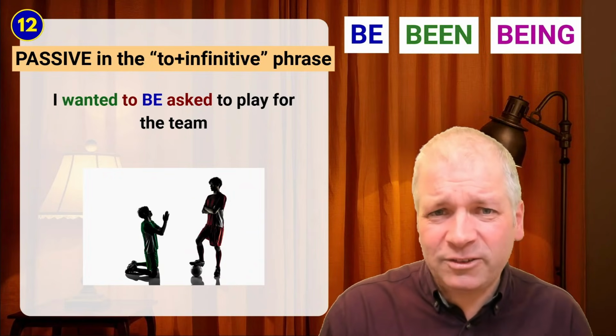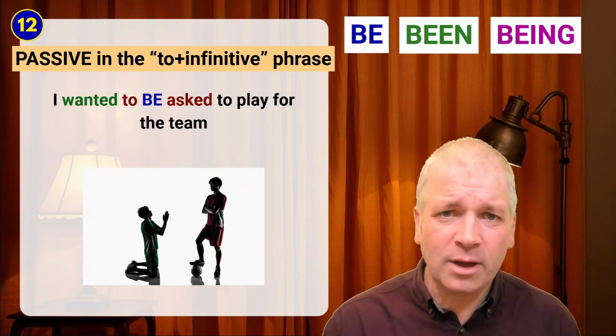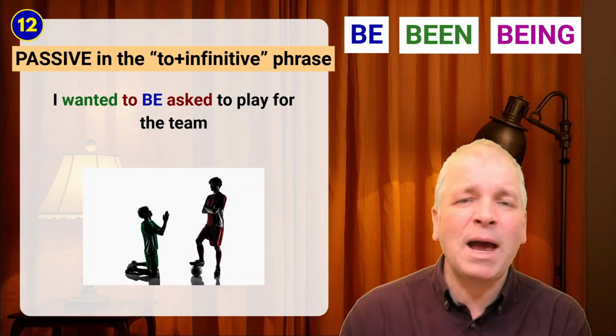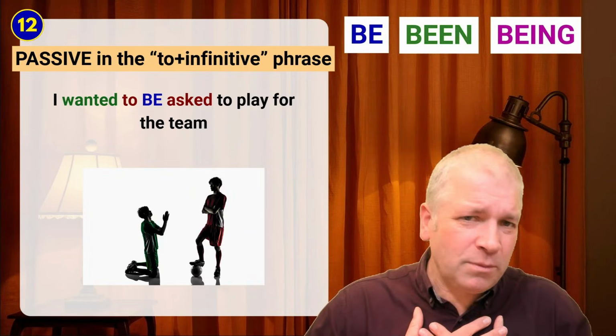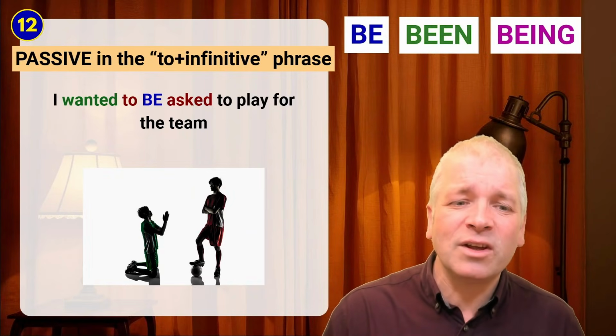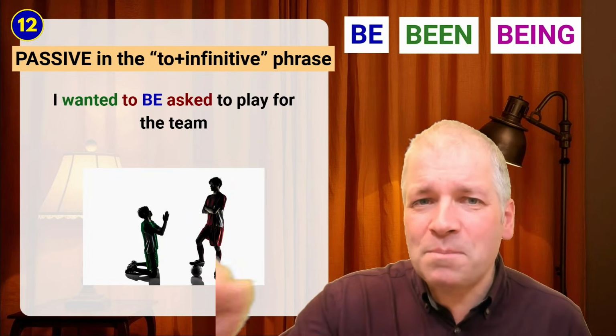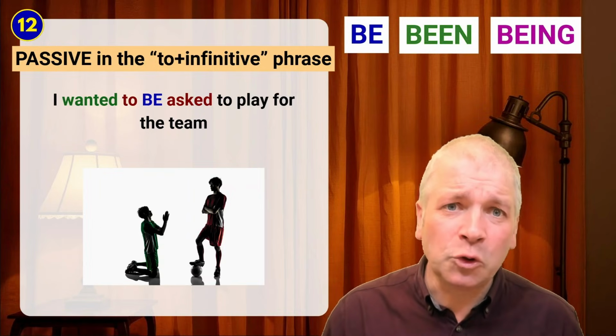Wanted is not the activity, it's a desire. The actual activity is asked. So that's the bit that goes into the passive form when we switch the order. Because this sentence here doesn't mean that I asked, it means that I wanted someone to ask me. Switch that around and we have I wanted to be asked.